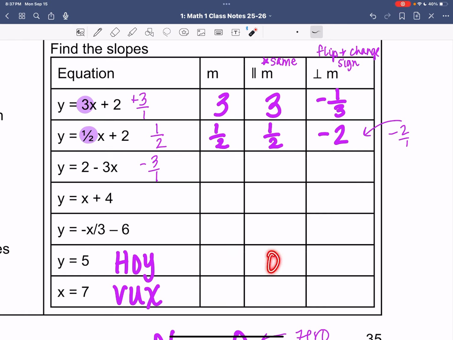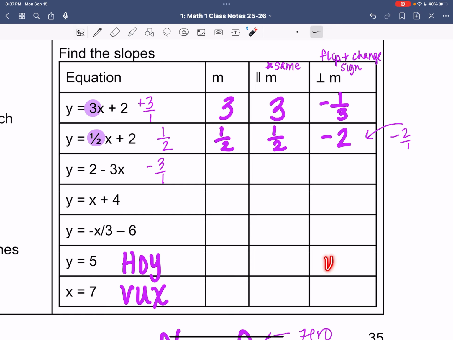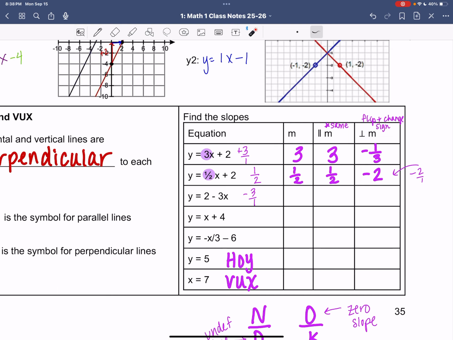So this should also be 0. Well, the inverse of 0 would be undefined, because then it's going to make it an x equals. So the same kind of goes here. Here your slope is undefined, which would make this also undefined, and if you were to flip it, it would actually be 0. So that's a tricky one, these last two, but I want you to go ahead and try the rest.